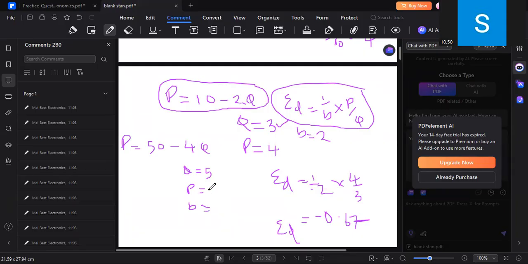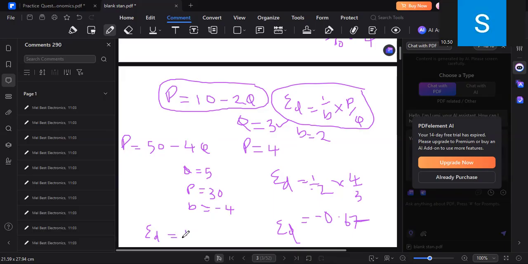What is our P? When you put a 5 there, 4 times 5 is 20. So 50 minus 20 is 30. And what is our B? Our B is -4. So which formula do we use? This formula. Yes. So elasticity of demand is equal to 1 over B.